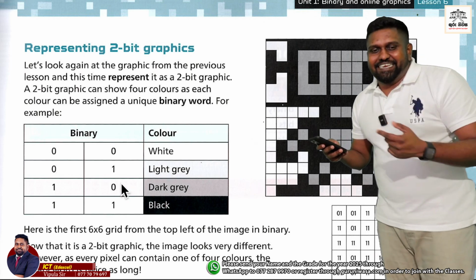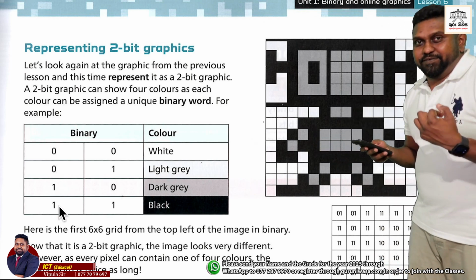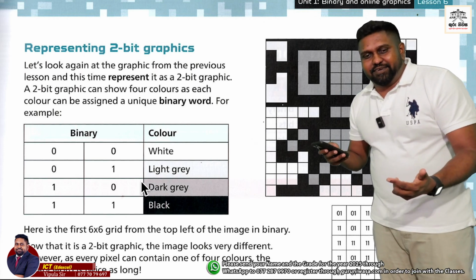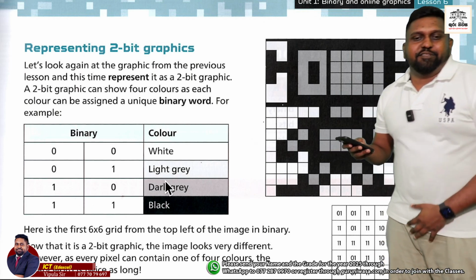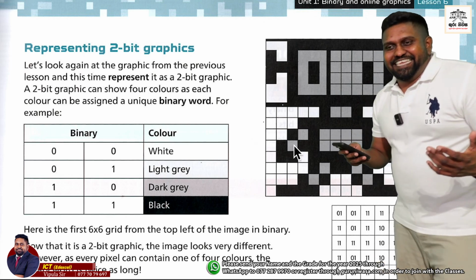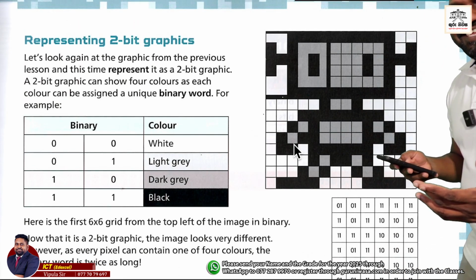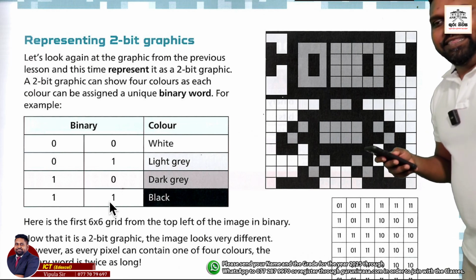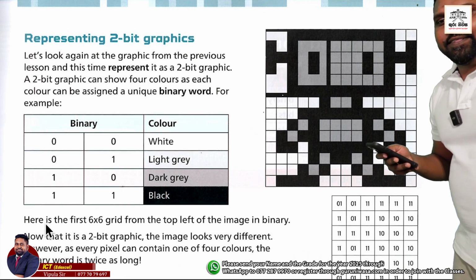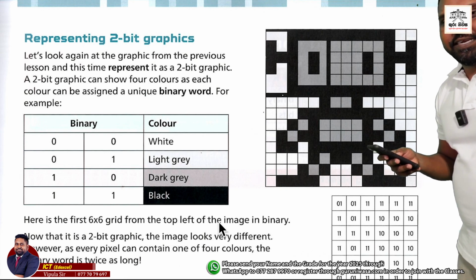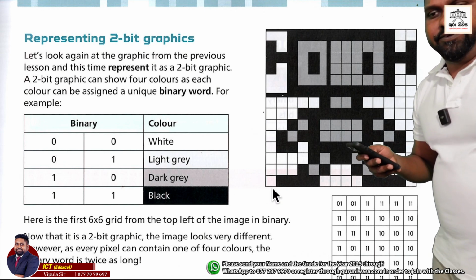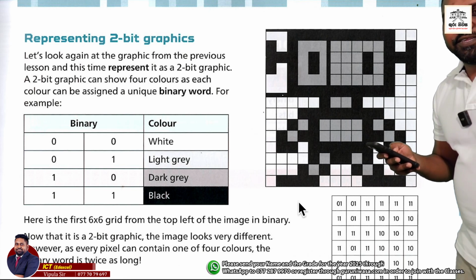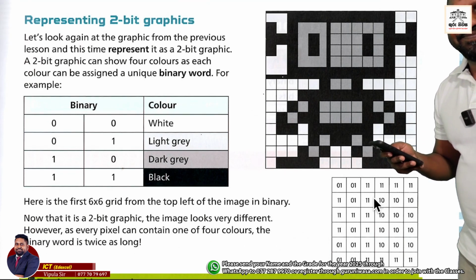If it is 1, 0, then it's dark gray, and if it is 1, 1, then it's black. Using that color combination, you can easily bring something like this. Since this is coming from a 6 by 6 grid, if we go through it that way, the representation would be something like this.